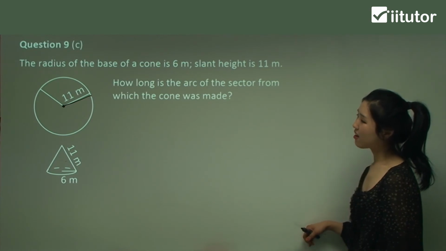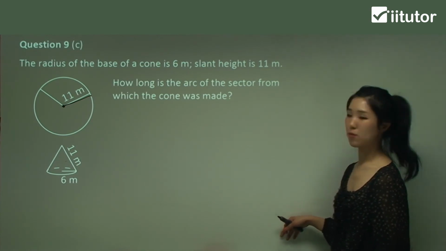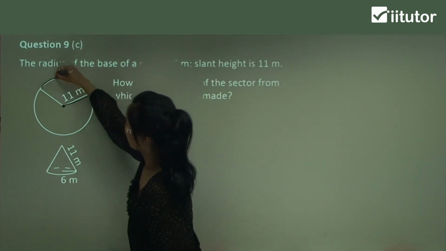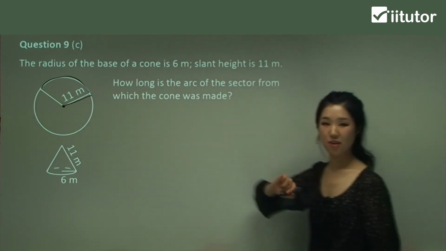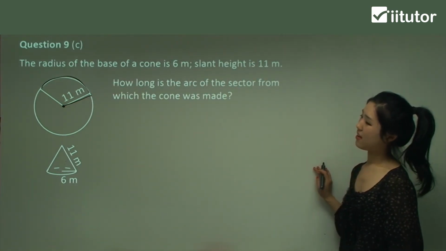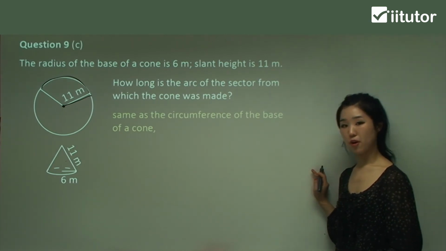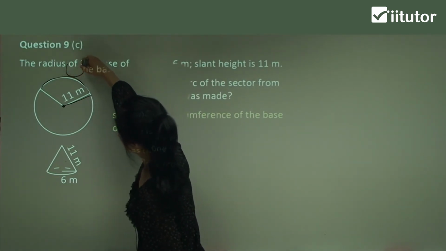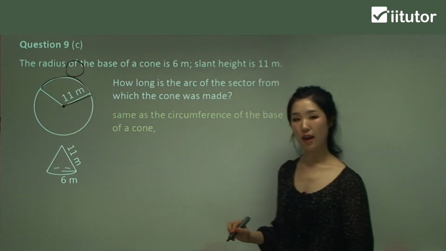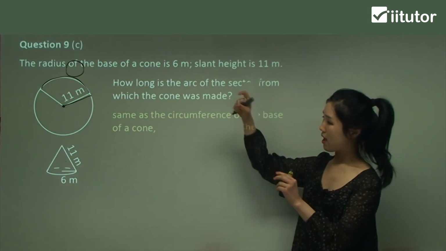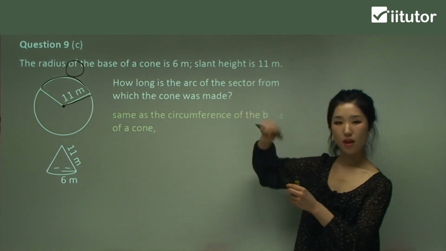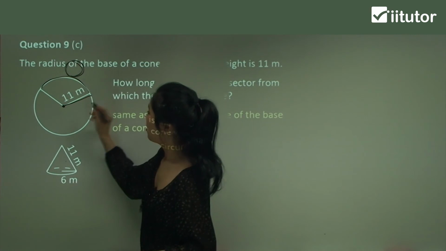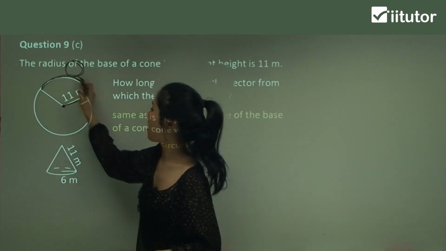Part C, it says how long is the arc of the sector from which the cone was made? Okay, how long is the arc? So we're basically calculating this arc. It's the same as the circumference of the base of a cone, because if I draw the base circle here, and you close it and get the circle as a lid, the circumference of this circle would be the exact same length as this arc, right?